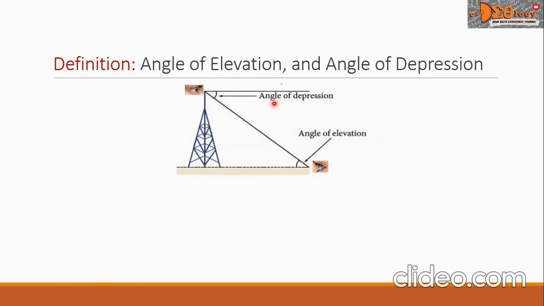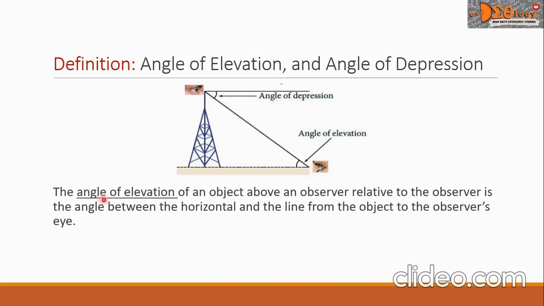Now, let us have the formal definition. The angle of elevation of an object above an observer relative to the observer is the angle between the horizontal and the line from the object to the observer's eye.